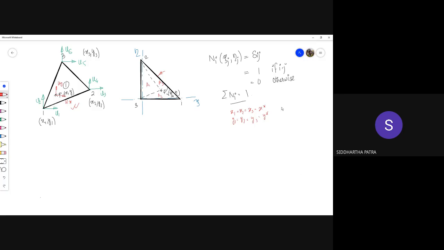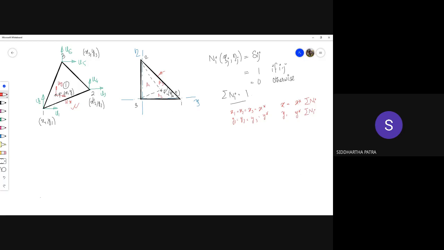Now, if I write the expression for x at an arbitrary xi eta, or arbitrary location, that is simply, as you can see, x star times summation Ni, and y equals y star times summation Ni.